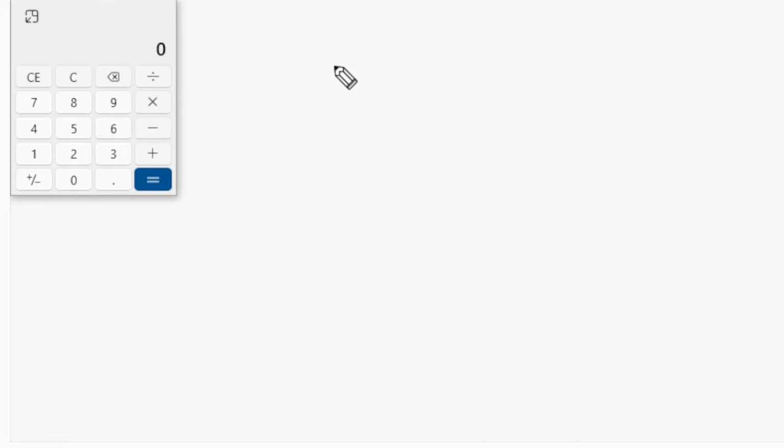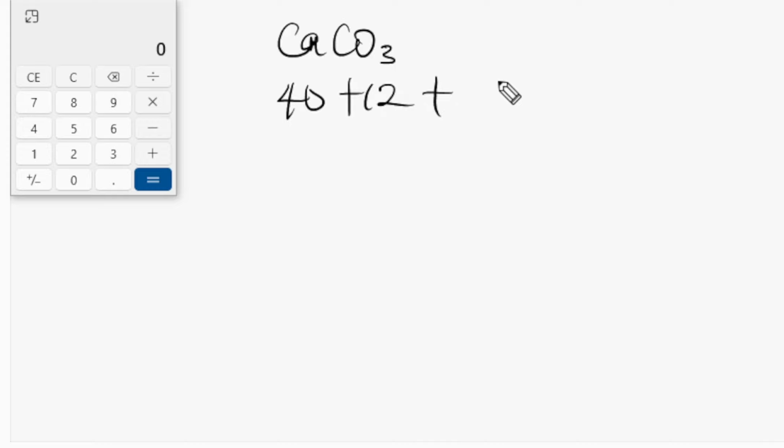So in calcium trioxocarbonate 4, we want to know how many moles we have in 30 grams. So first of all, let's consider the molar mass of calcium trioxocarbonate 4. So calcium is 40, carbon is 12, oxygen is 16. So in this case, 16 times 3.